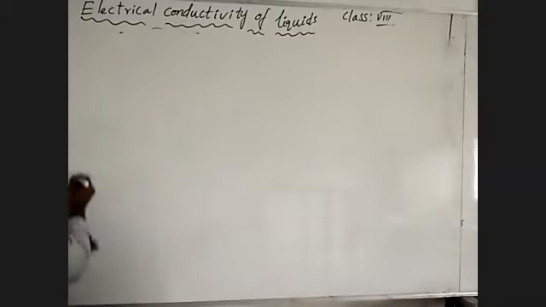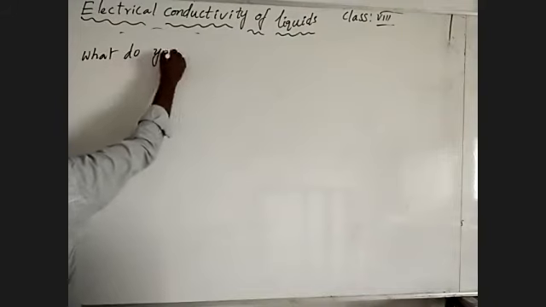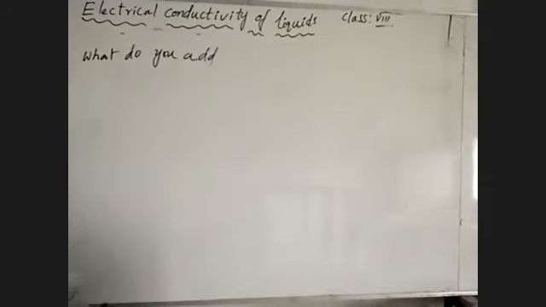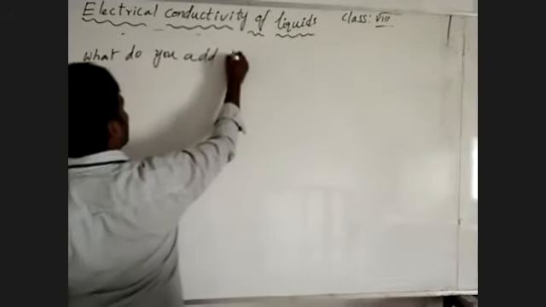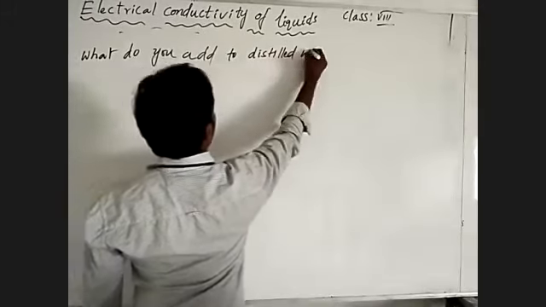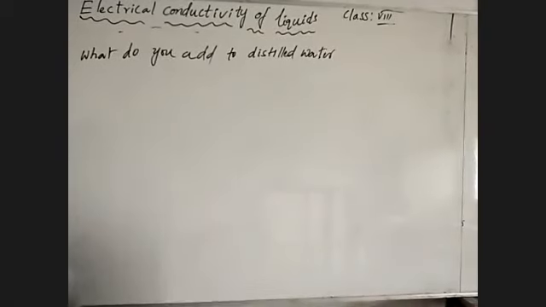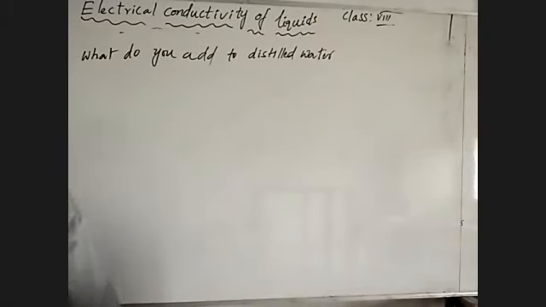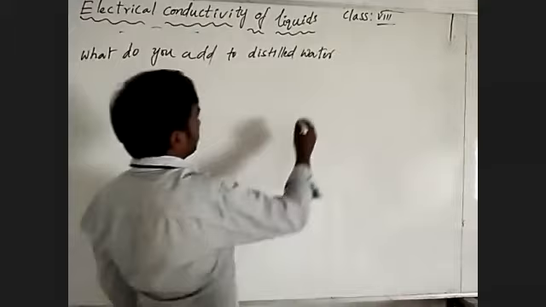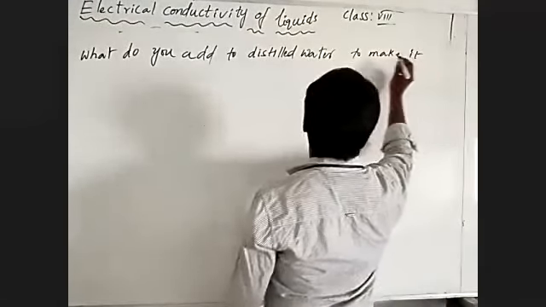What do you add to distilled water, otherwise for making it conduct electricity?